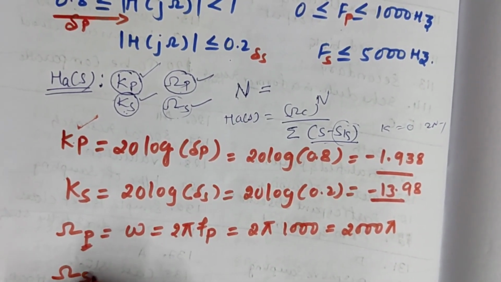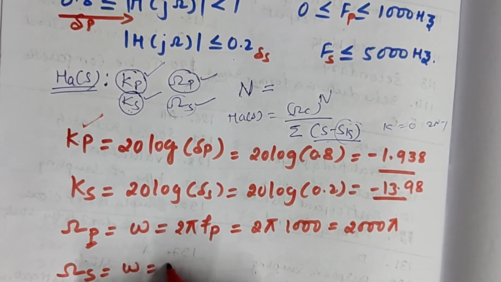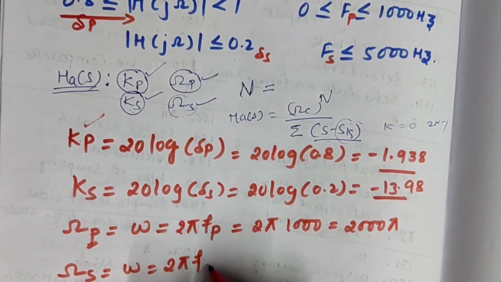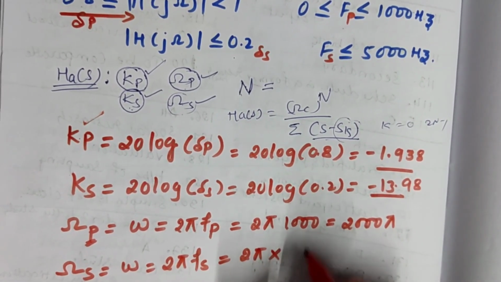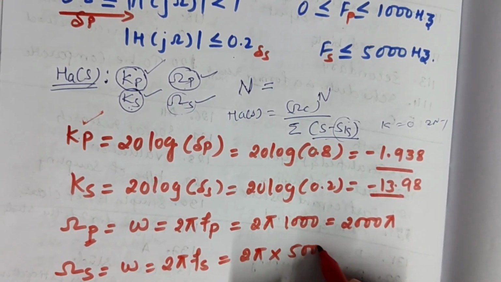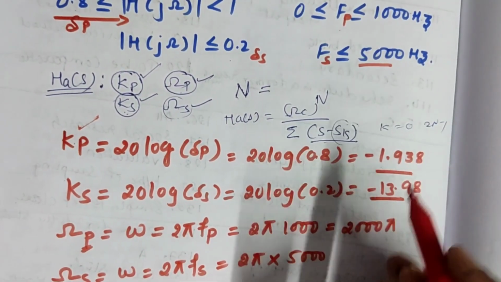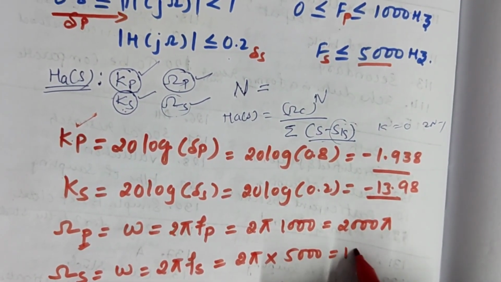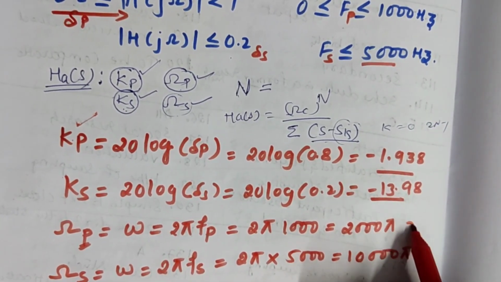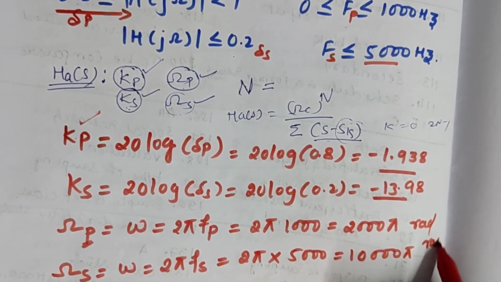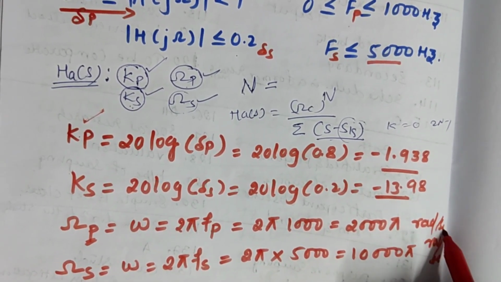Similarly, ohm S is also omega, which is 2 pi f with f the stop band frequency, so 2 pi into 5000. They have specified this as 5000 hertz, which is equal to 10,000 pi radian per second. This is radian per second and this is also radian per second.